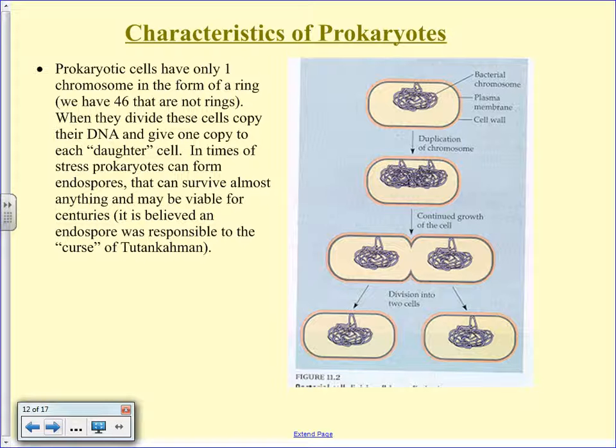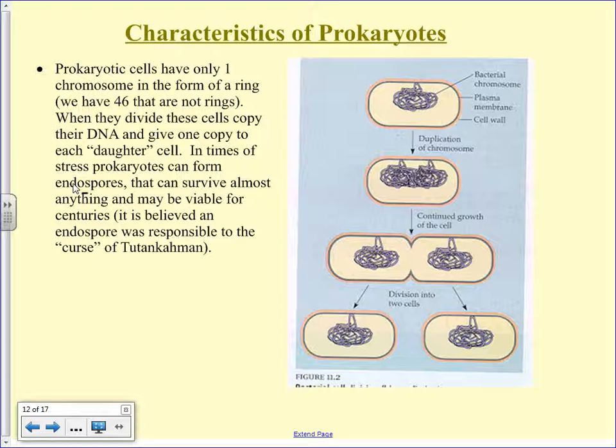Prokaryotic cells only have one chromosome. We have 46. It's just a ring, not that that's all that important, but they can go dormant for very long periods of time. That's believed to have been what caused the curse of Tutankhamun. King Tut, when they opened up his tomb, everybody who went into the tomb died days later. And they're like, well, see, we told you not to go in there. We told you he was cursed, and you went in anyway.